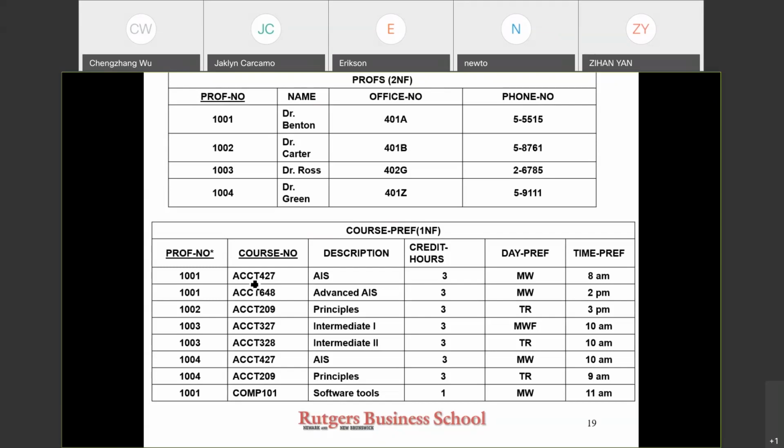Professor table, which contains information about professor number, professor's name, office number, and phone number for each professor. And another table, course preference table, which contains data about professor preference for courses. Each of these two tables is in first normal form because they do not contain any repeating groups.